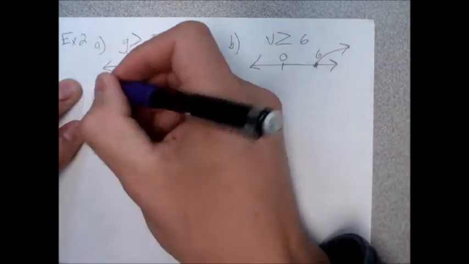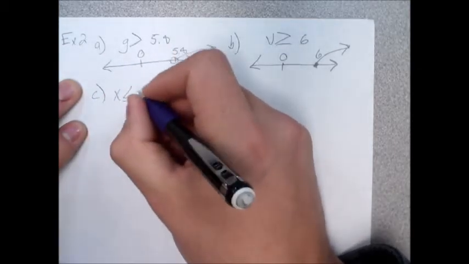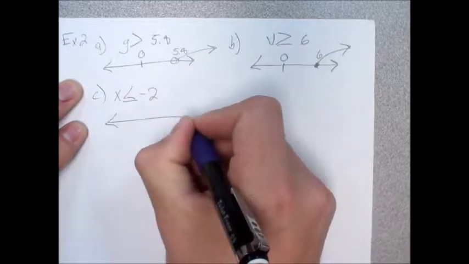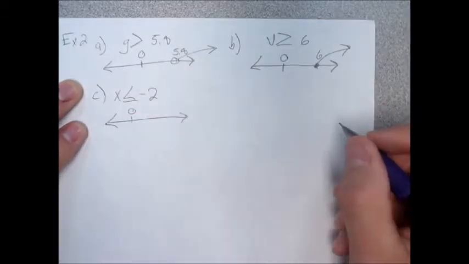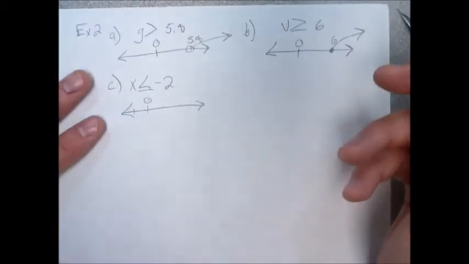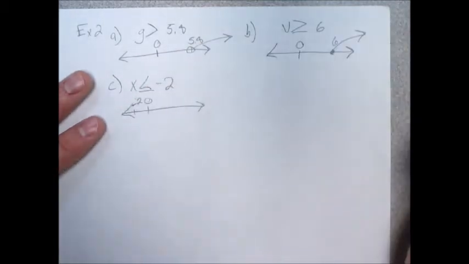On C, it is x is less than or equal to negative 2. Start my number line. I want arrows. I want 0. I want negative 2. The reason I make you put 0 on there is so that I know that you know where it goes. So negative 2 is on the left side of 0.